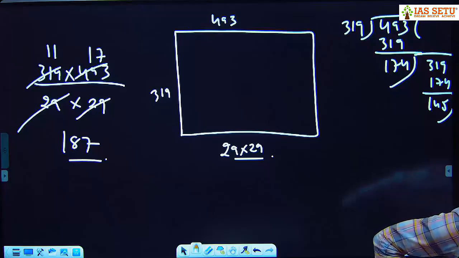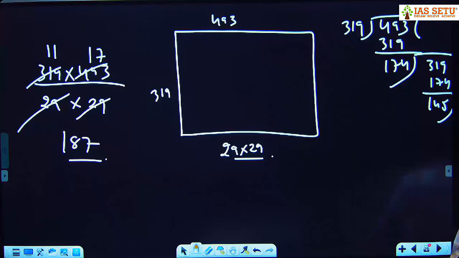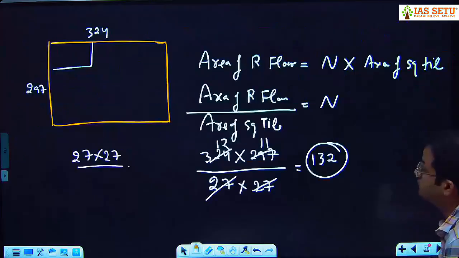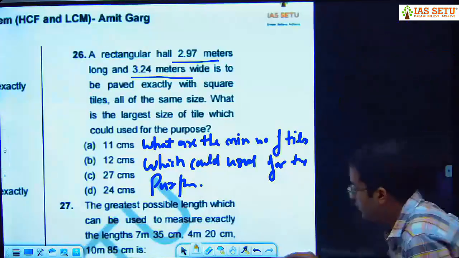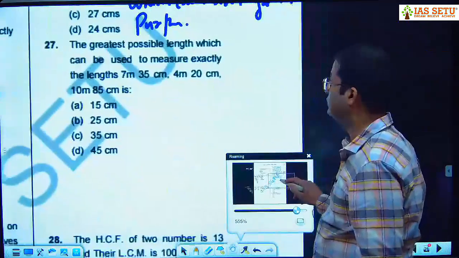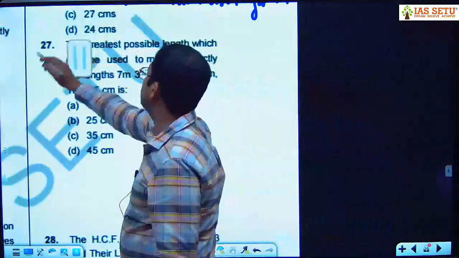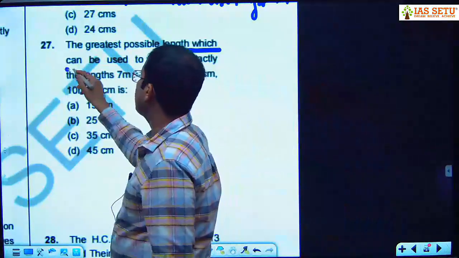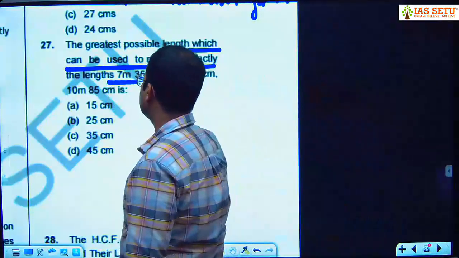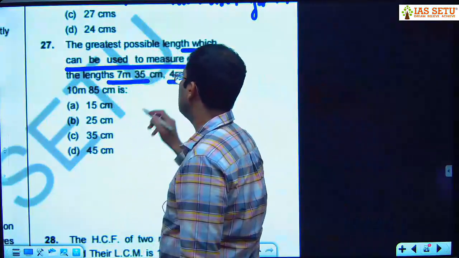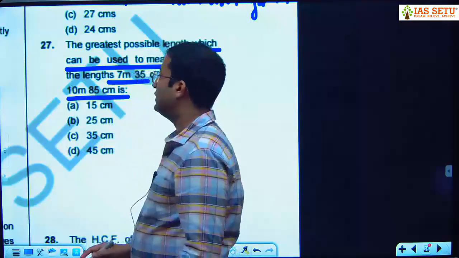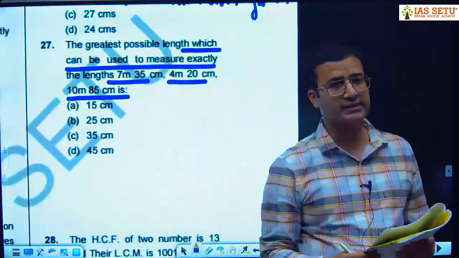Next question, question number 27. The greatest possible length which can be used to measure exactly the lengths 7 meter 35 centimeter, 4 meter 20 centimeter, 10 meter 85 centimeter is.